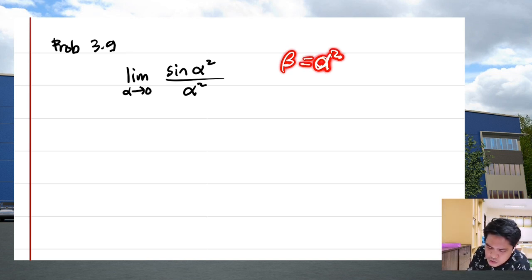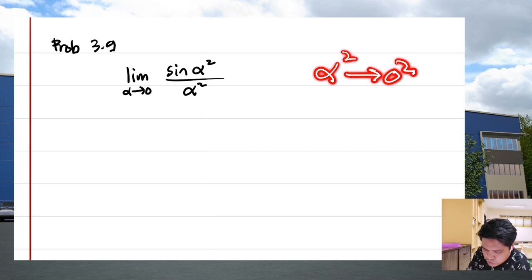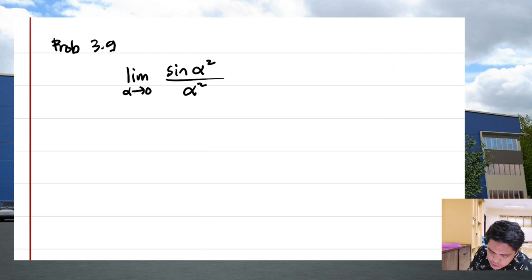So that means this is simply sine beta over beta, and beta is still approaching 0, because if alpha approaches 0 and you square 0, that's still 0. So therefore, beta also approaches 0.